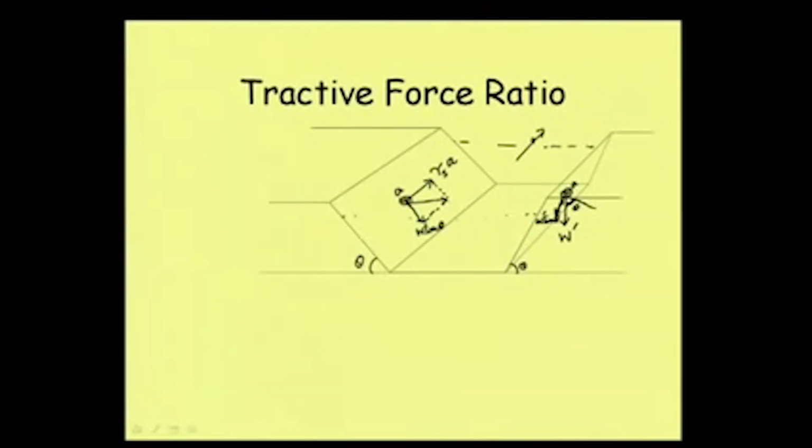So this is the resultant, and if I write that as F1, the disturbing force, we can write it as the square root of tau s square A square plus W dash square sin square theta.